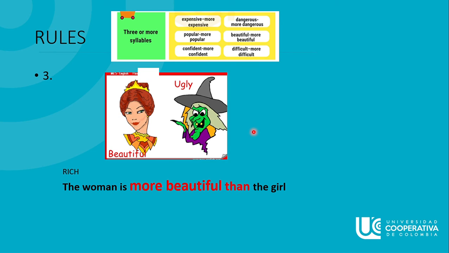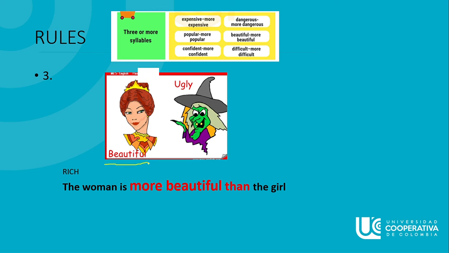Using the same picture from the last slide, we can see the beautiful woman and the ugly witch. But now we are using the woman as the first subject, or subject 1. We are using in this case the adjective beautiful.